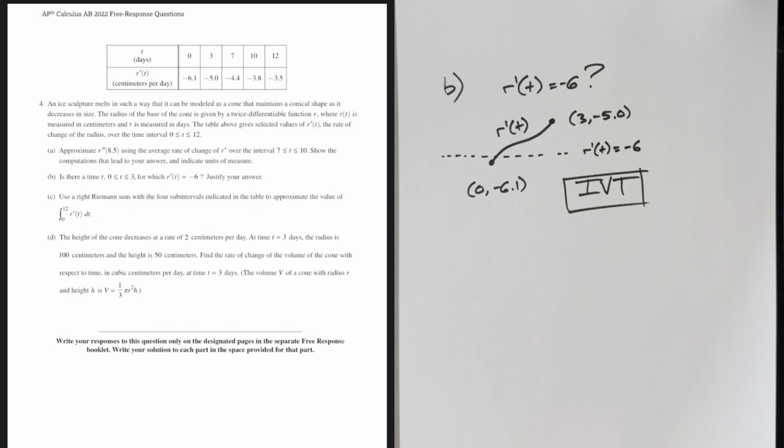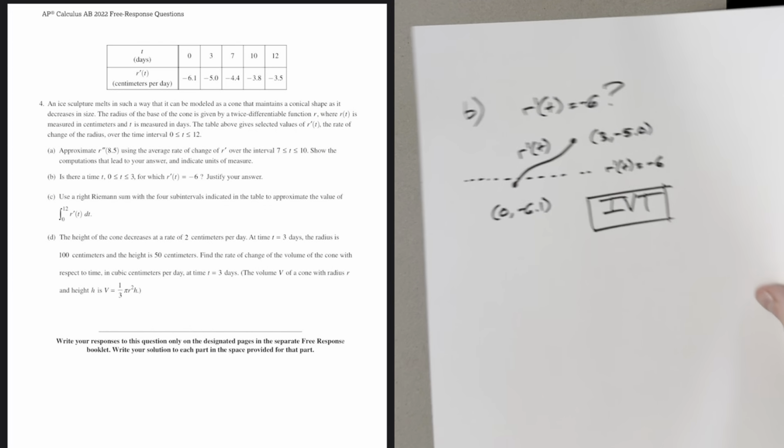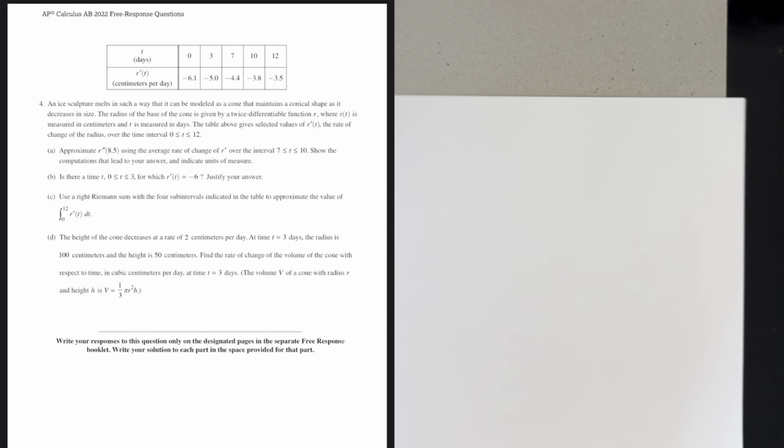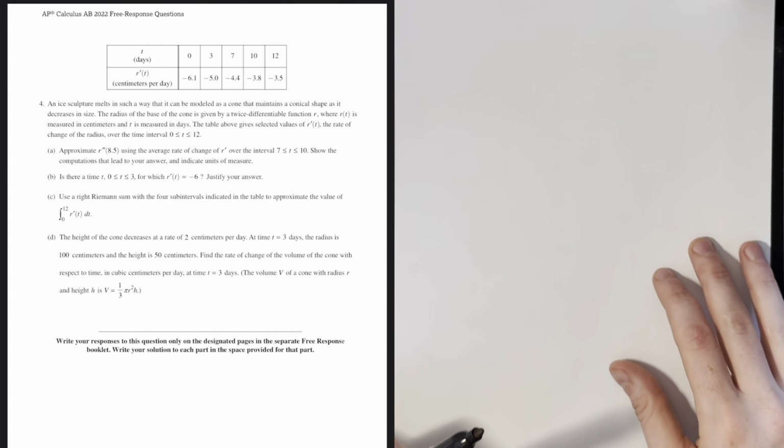But if you say intermediate value theorem, you're going to be in a fantastic spot. To earn the second point, the response need not explicitly name the intermediate value theorem, but if a theorem is named, it must be correct. Name it, you're going to get the point. That's the main takeaway from part B. Let's move on to part C.